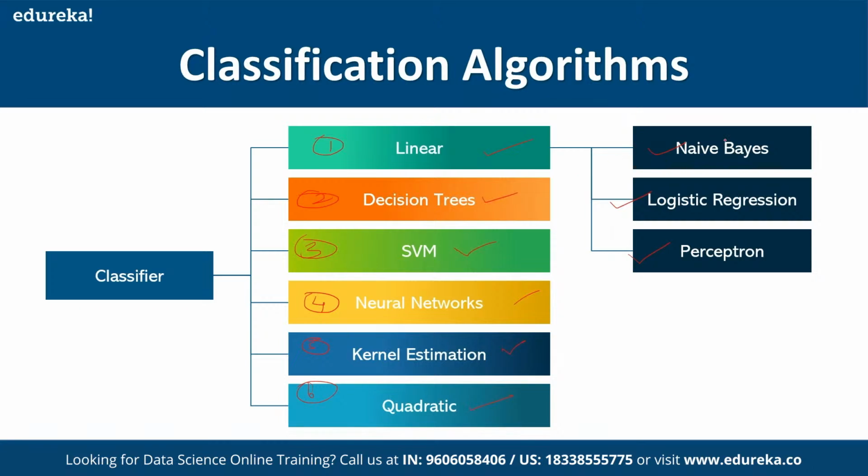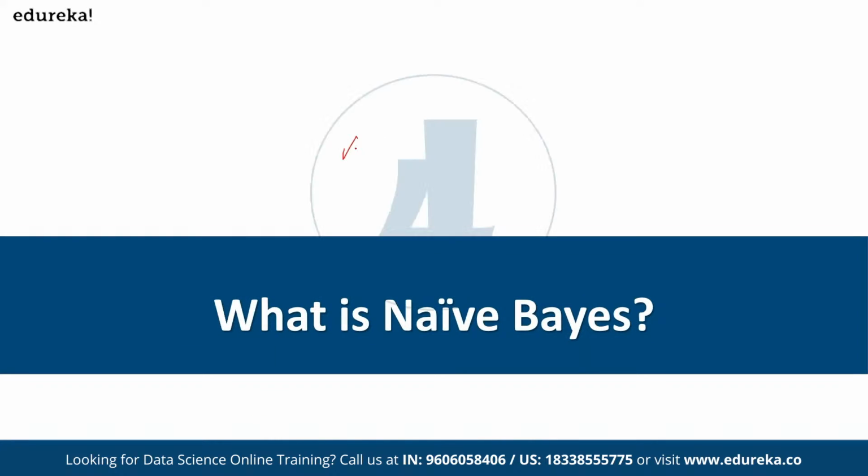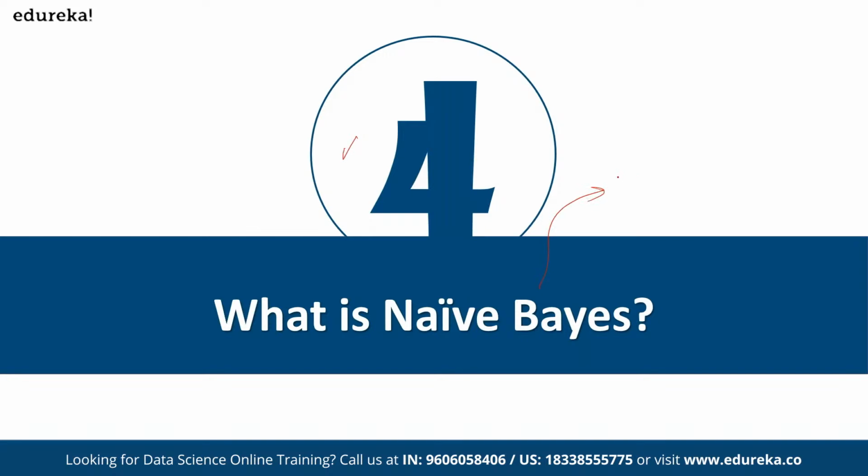Today we are going to learn about Naive Bayes. So what is Naive Bayes in short? Naive Bayes is an algorithm used for classification. Or if I can give a statement, Naive Bayes algorithm is used for solving classification machine learning problems.